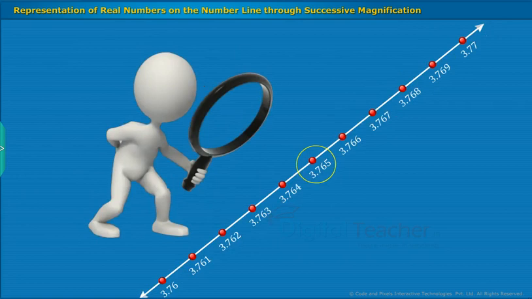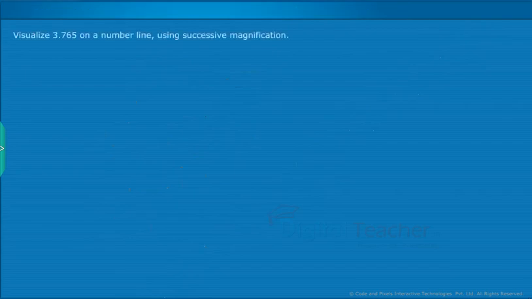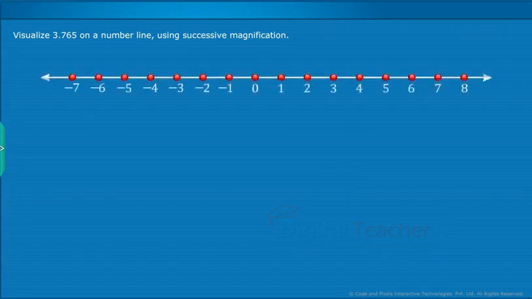Representation of real numbers on the number line through successive magnification. Visualize 3.765 on a number line using successive magnification. We know that 3.765 lies between the interval 3 and 4.